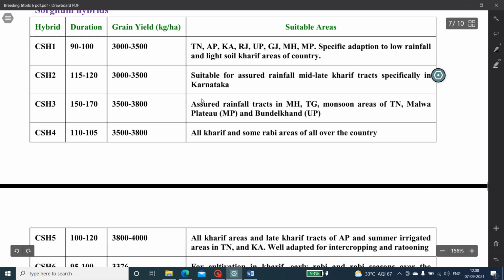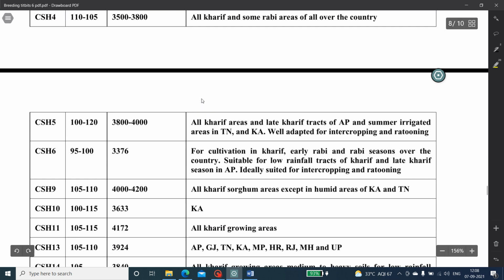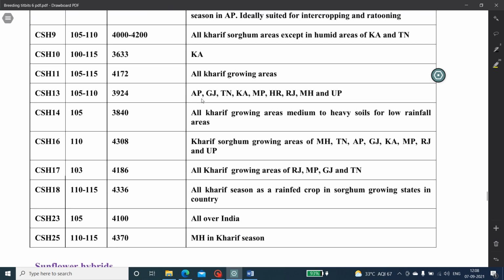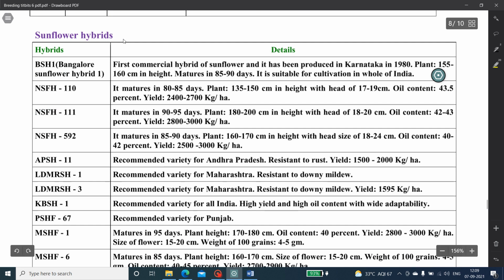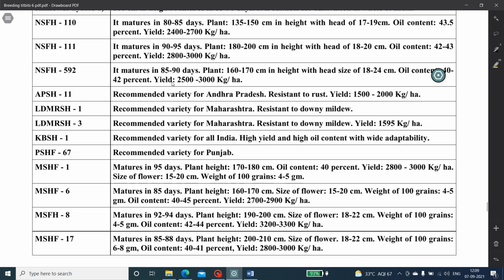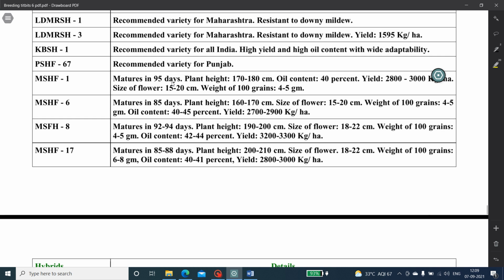It is available in the PDF, and about 20 hybrids have so far been released for sorghum, and also sunflower hybrids. Many hybrids are developed by using CGMS. I have tabulated all these commercially utilized hybrids released by the public sector, like the state agriculture universities and ICAR institutes.